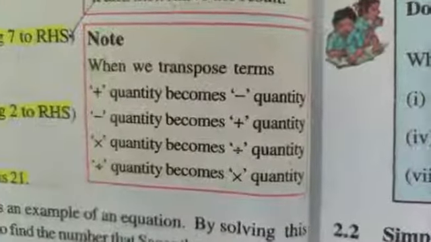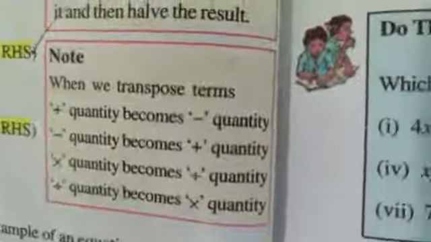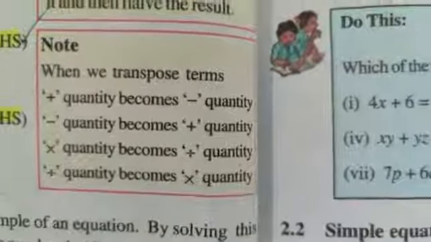When we transpose terms from one side to another side, the plus quantity becomes minus quantity. Minus quantity becomes plus quantity. Into quantity becomes divided by quantity.